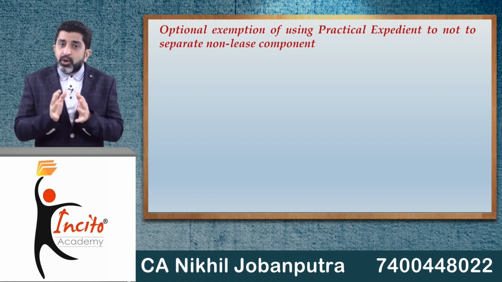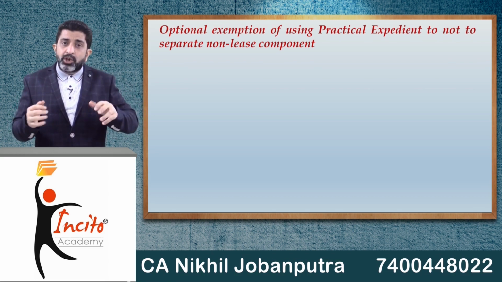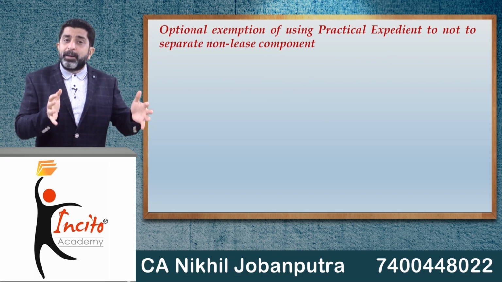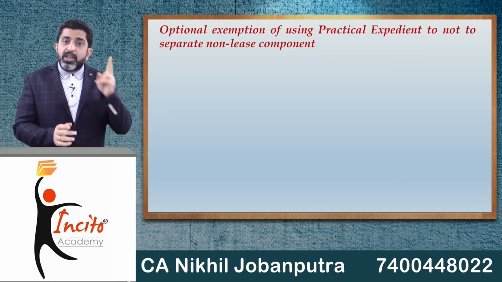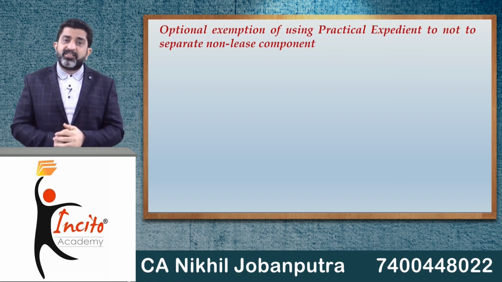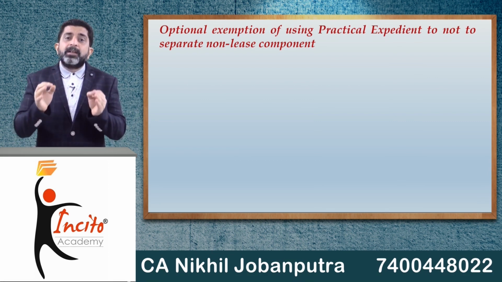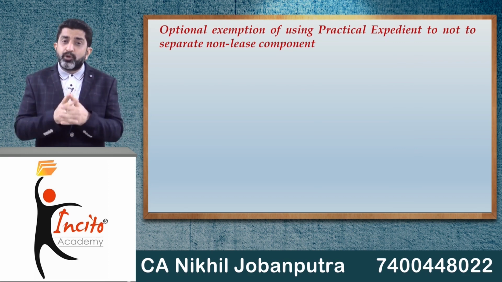The lessee is not supposed to make that choice or make that election of practical expedient on lease components which are multiple assets. Each asset will be considered as a separate lease if those two conditions that we have discussed earlier are fulfilled. Here the choice is for separating or not separating lease and non-lease components.